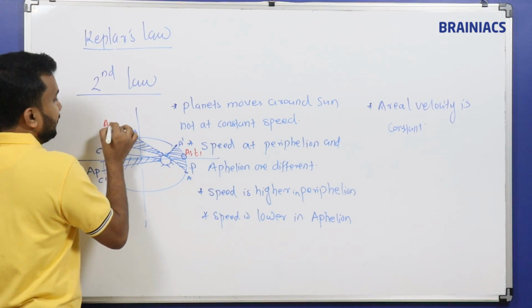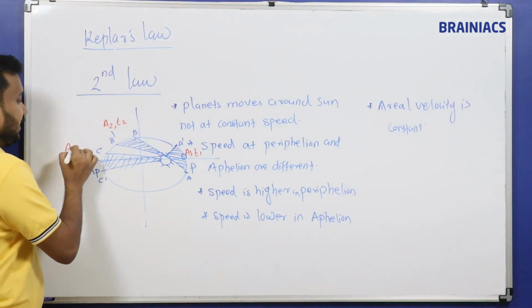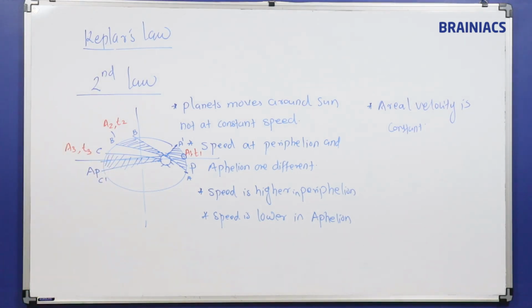The area over here is A2 and the time is T2. The area over here is A3 and the time is T3. So the satellite covers different areas in different times.